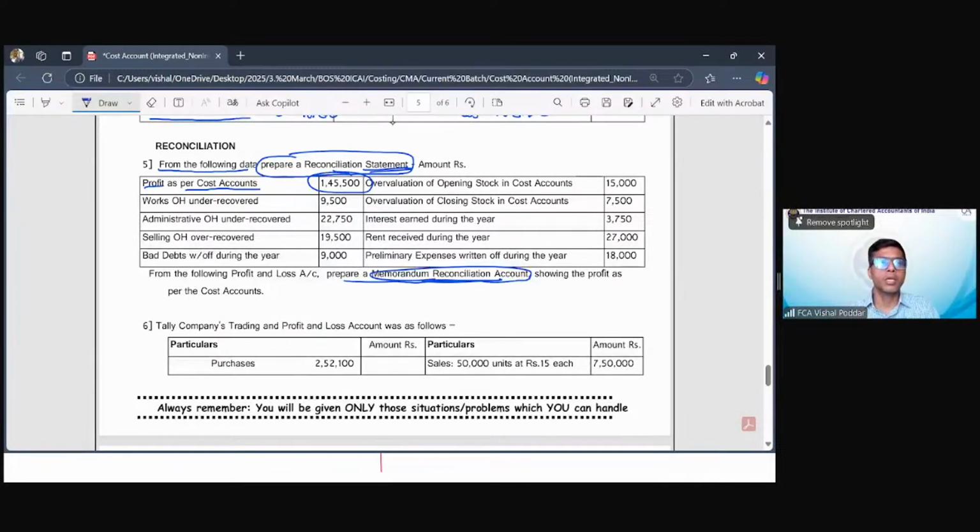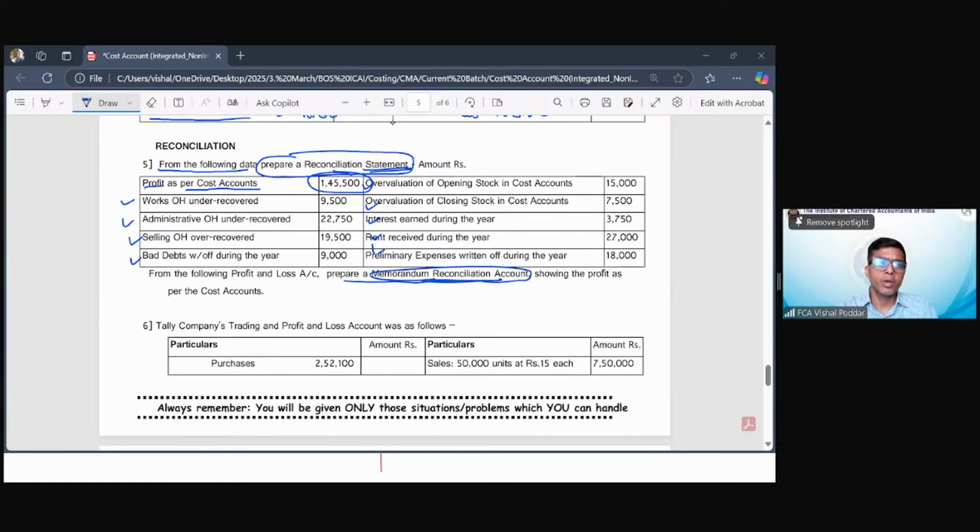Now, these are all the difference-creating transactions for which I have to do add or less. Now, students, you may have studied reconciliation in 11th. I don't know how you studied what is to be added, what is to be subtracted. I have my own method of doing this. What is that? Let me explain.